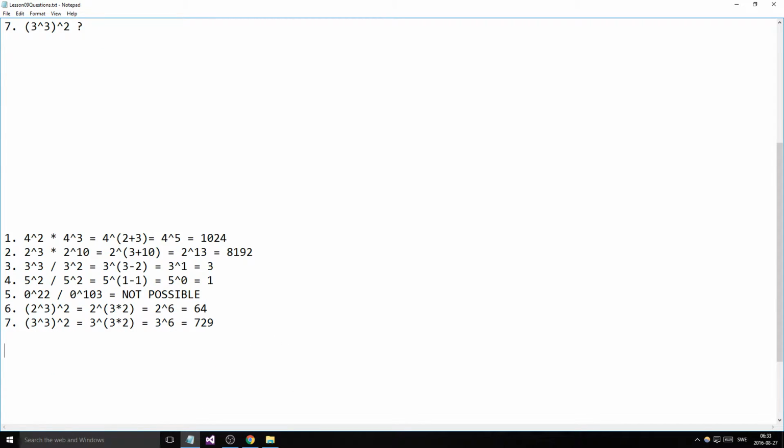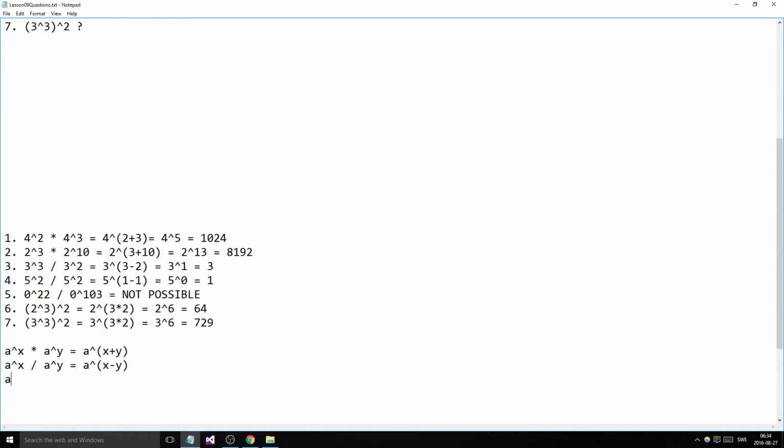Now the rules are very simple. If you have the same base, a to the power of x multiplied by a to the power of y equals a to the power of x plus y. Now I did this in the tutorial, but I'll just do this again. A to the power of x divided by a to the power of y equals a to the power of x minus y.